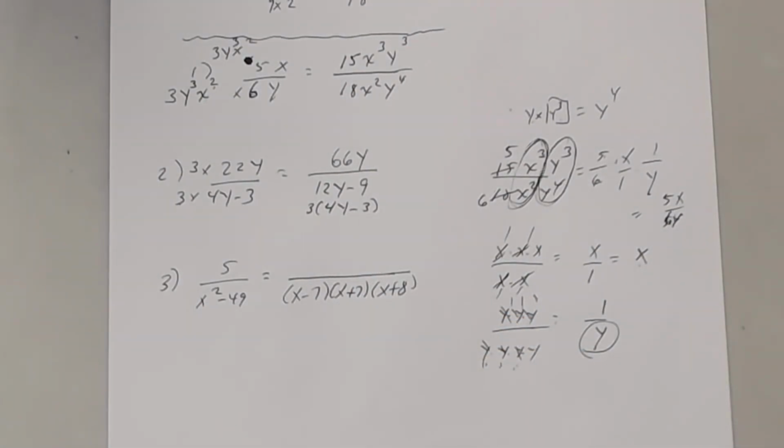Okay, so x minus 7 times x plus 7 times x plus 8. What's the first thing you need to do before you begin to write equivalent rational expressions? Factor.